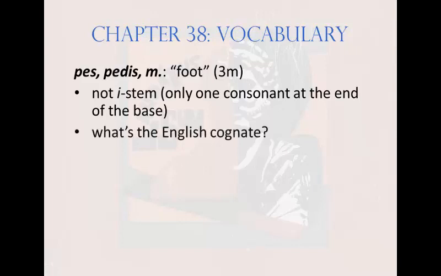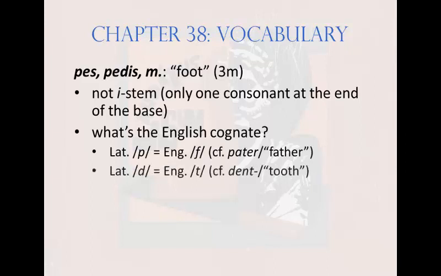What would be the English cognate of this base? Remember Grimm's law. Latin P is equal to English F, like pater and father. Latin D is equal to English T, like dent and tooth. So change P to F and D to T, and you get foot. You probably don't need that to remember what pes pedis means, but isn't it nice to know?